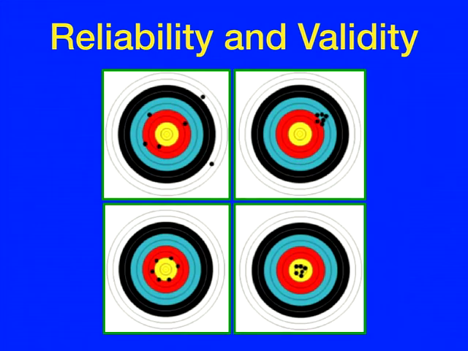This is the worst thing, we don't want it: unreliable and unvalidated. This one is reliable but not validated. This one is validated, averagely speaking it should be at the center, but it's not reliable. This is a different terminology related to accuracy and precision.